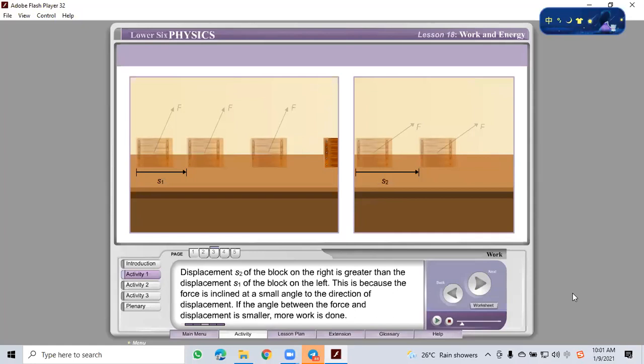Displacement S2 of the block on the right is greater than the displacement S1 of the block on the left. This is because the force is inclined at a small angle to the direction of displacement. If the angle between the force and displacement is smaller, more work is done.